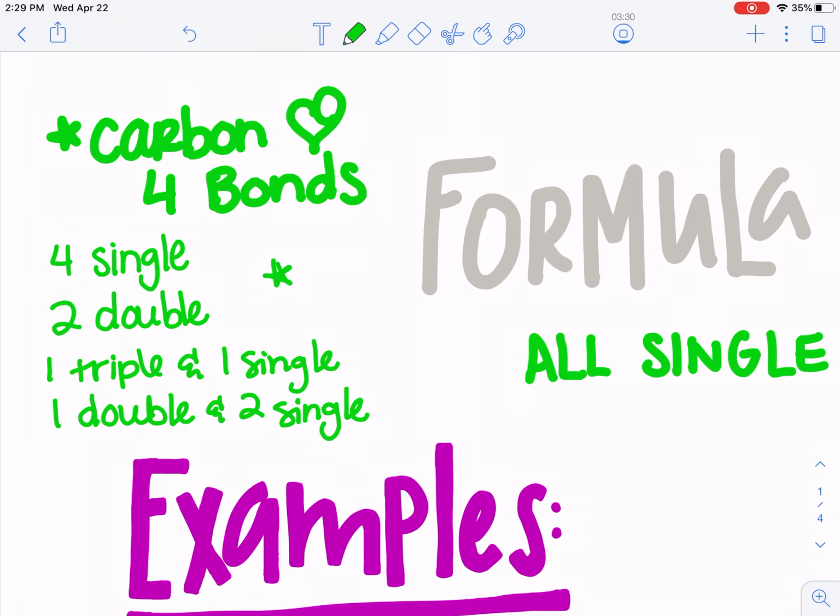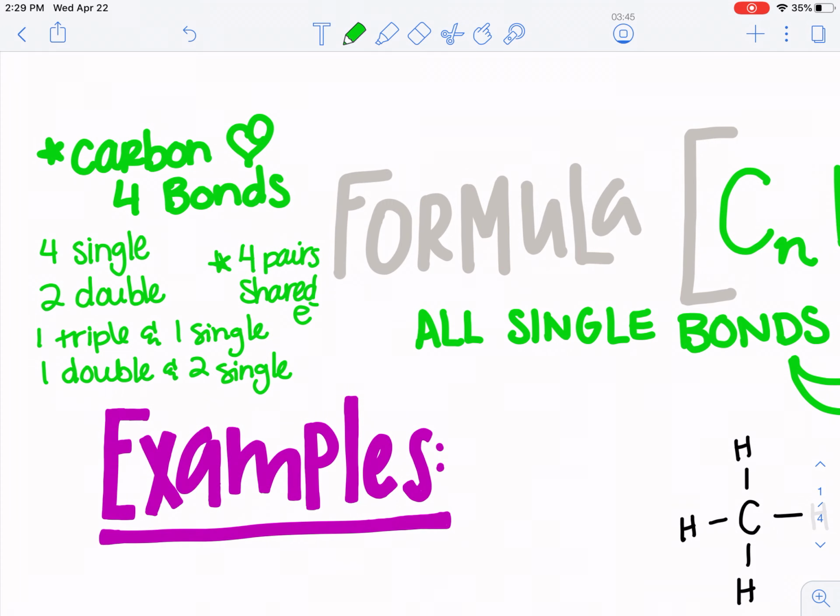Anyway, any combination, they will have 4 pairs of shared electrons, meaning there's no unshared pairs on carbon. Carbon really likes to form bonds.